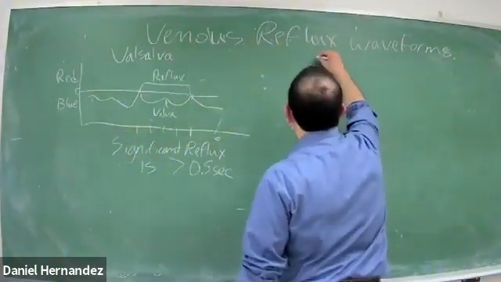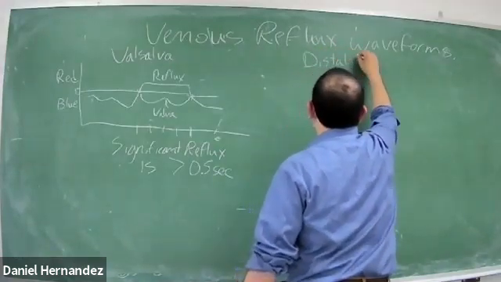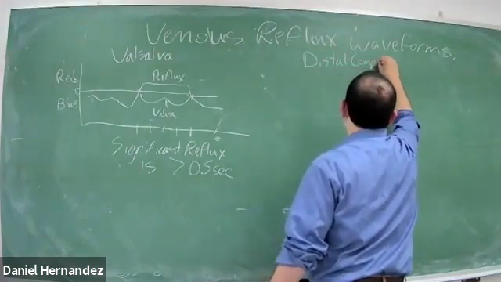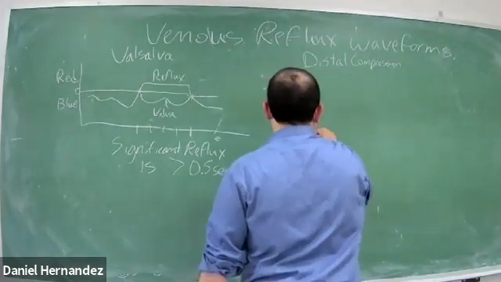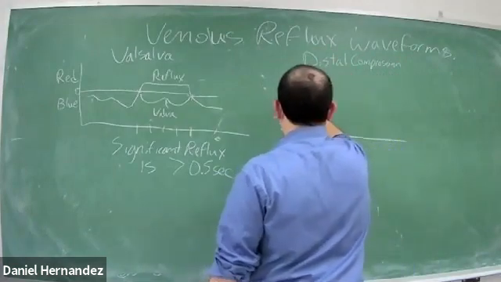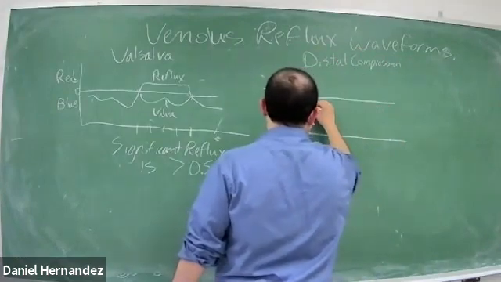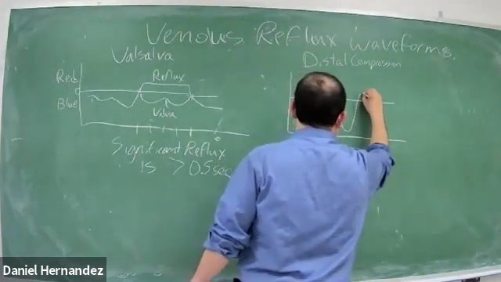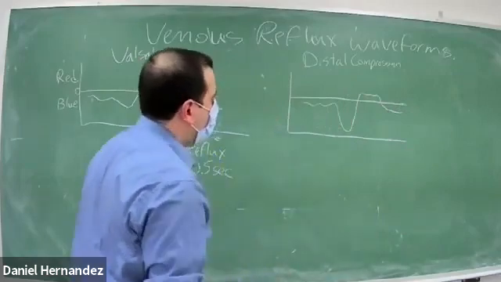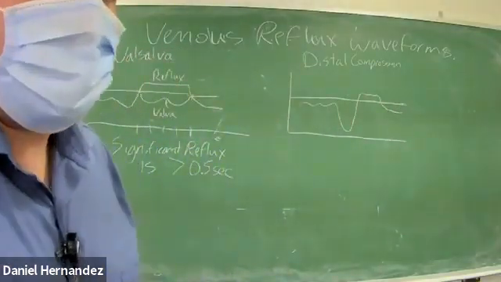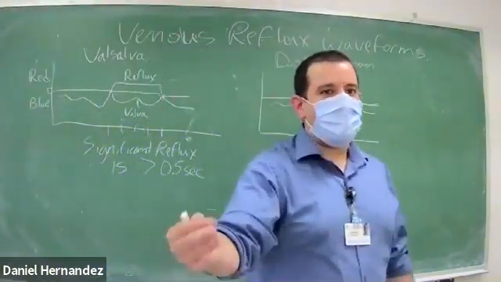So the other thing we can do, or there's two other things we can do. We can also do distal compression. So with distal compression, this is when we're augmenting the calf distally or further down than what we're imaging.